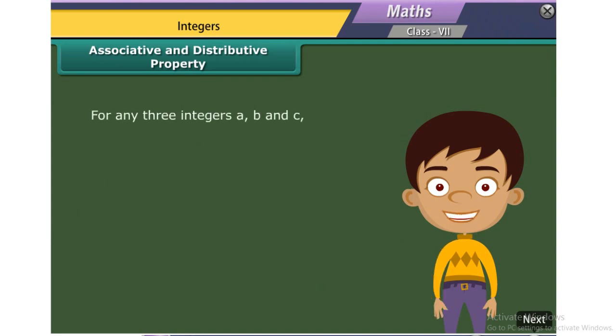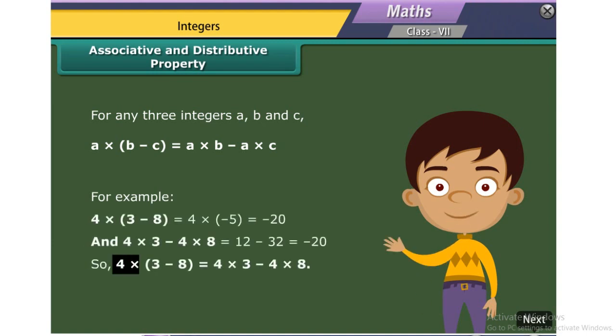Similarly, for any three integers a, b, and c, a into b minus c is equal to a into b minus a into c. For example, 4 into 3 minus 8 is equal to 4 into 3 minus 4 into 8.